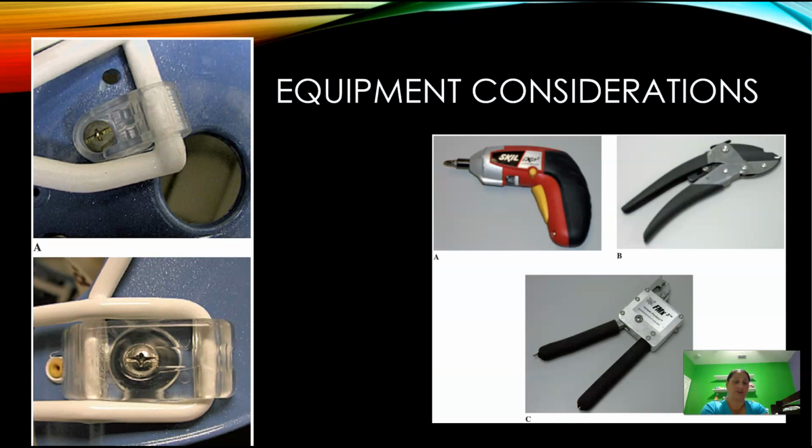Okay, equipment considerations. We know we have a ton of different equipment, and depending on what sports you work with, we want you to be familiar with that equipment. We will have an equipment fitting and removal lab. I'm figuring out how to make that virtual, so stay tuned. With this, I want you to note on the left-hand side, it actually has the old helmets, but we still have a ton of people who have the old helmets.